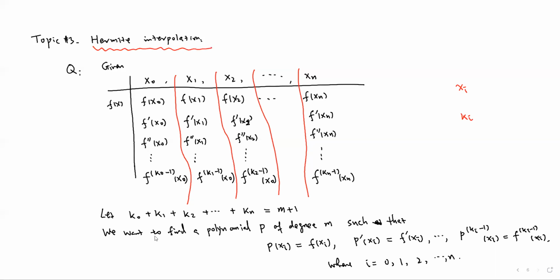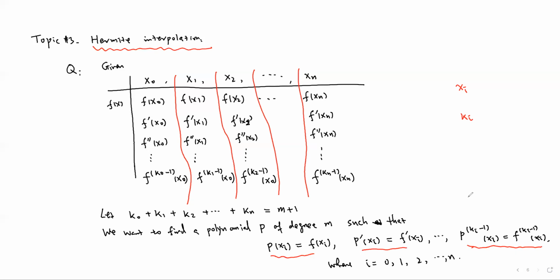Let's see how many conditions we are given. For xi, we are given one condition, second condition corresponding to derivative of order 1. So this is the ki condition.